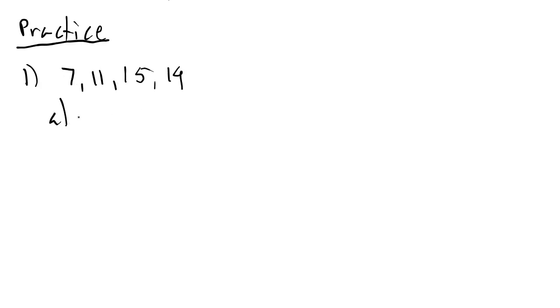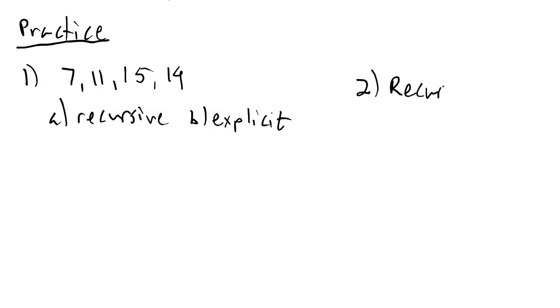I want you to give me the recursive and the explicit formula for that. And then find the recursive formula for 1, 2, 6, 24, 120. So go ahead and do these. Make sure you're doing them on your own, and then come back to me when you're done.